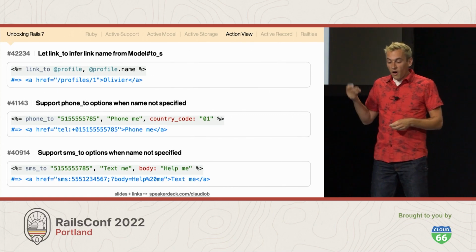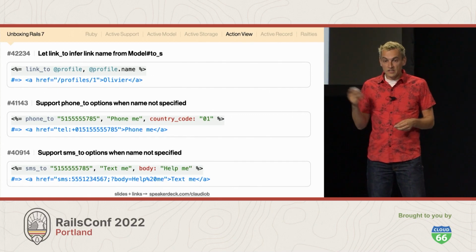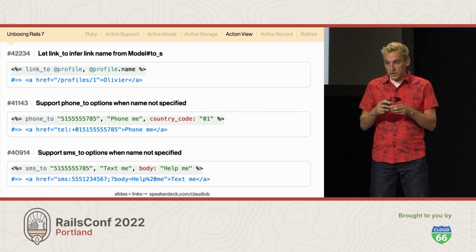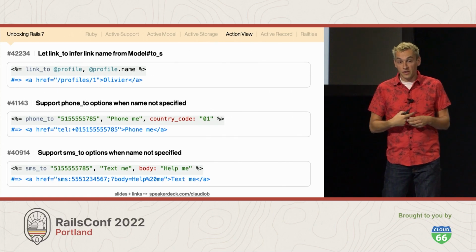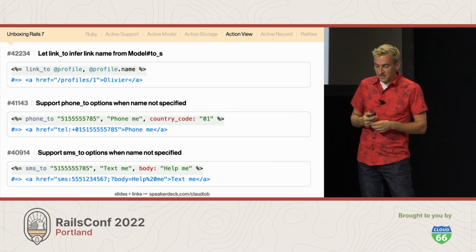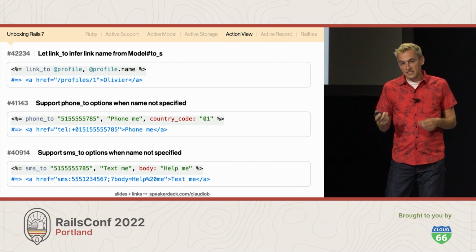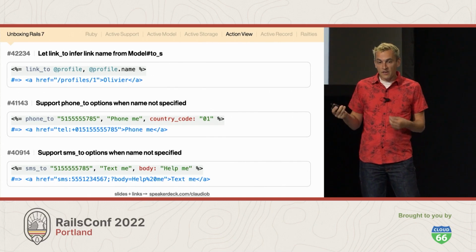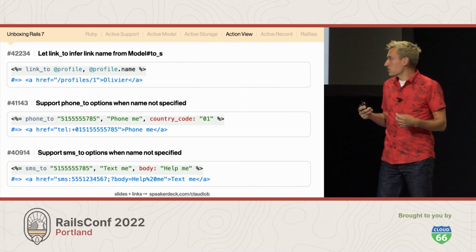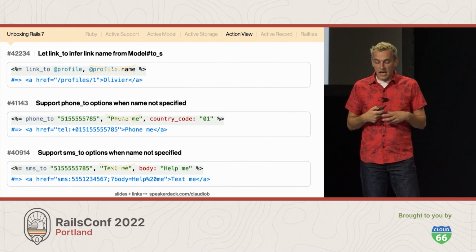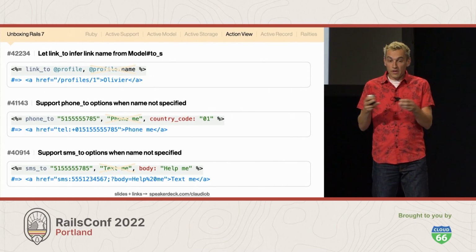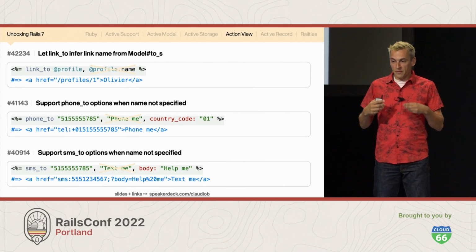Before Rails 7, all these methods needed at least 2 arguments: what you're displaying on the page and the action, like the number that you're going to call and so on. So the change in Rails 7 is that now the second argument is not always required. What that means is if you just say phone_to and the phone number, Rails is just going to use that phone number to display it on the page and also to call that.